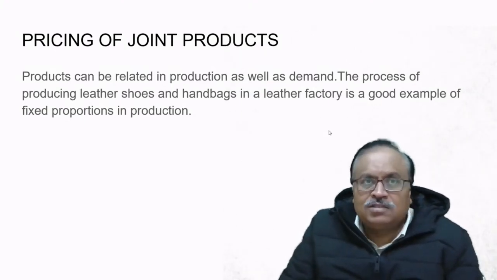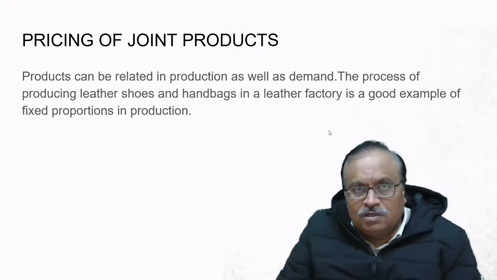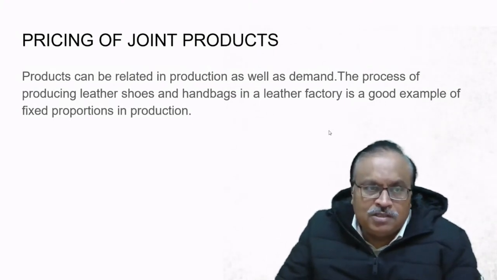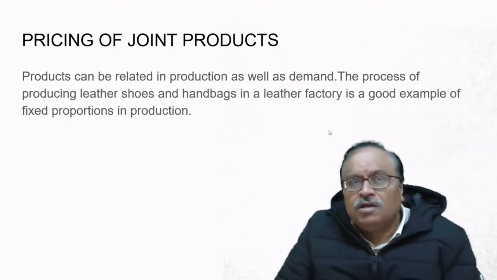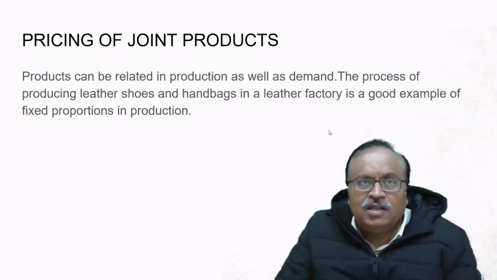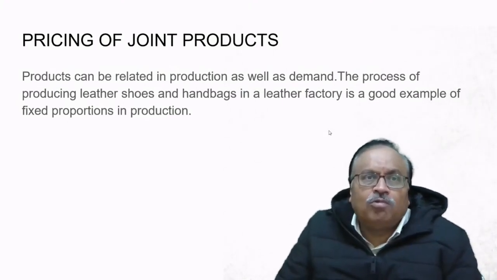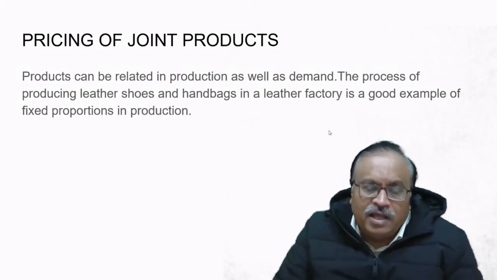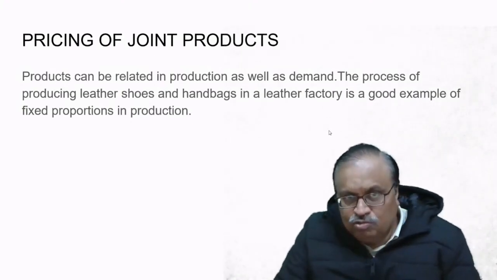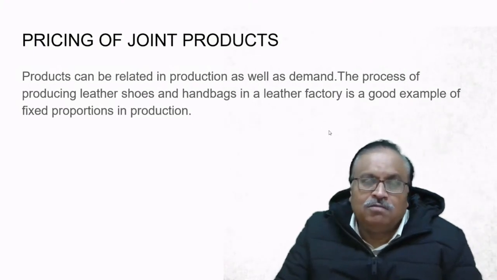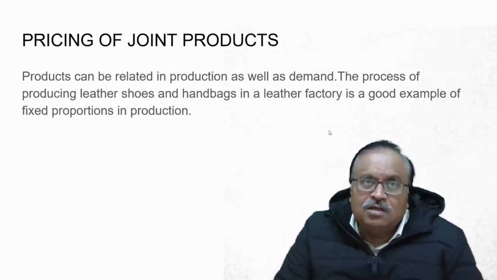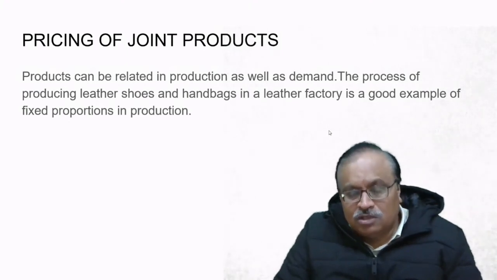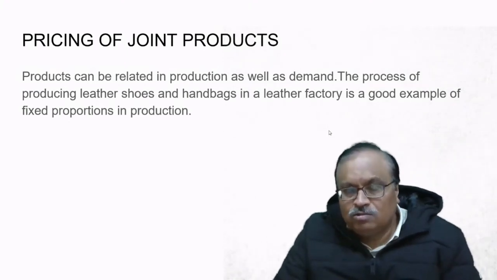From leather, we can manufacture shoes, we can manufacture handbags, we can go for any type of leather cover which is required. Producing these two on different platforms would be a costly affair, so the same producer which produces the shoes produces the handbags also.